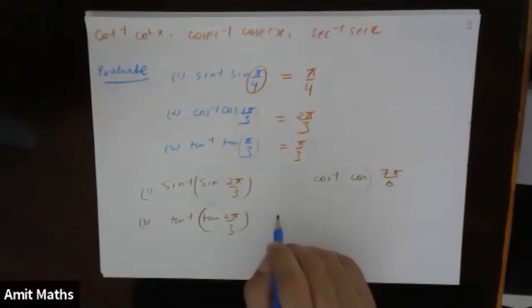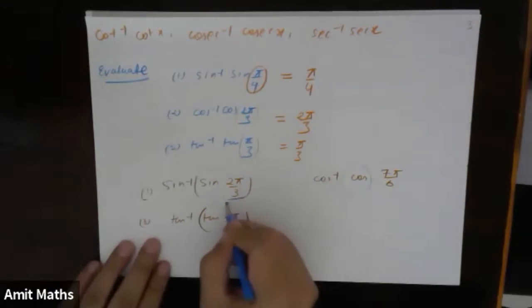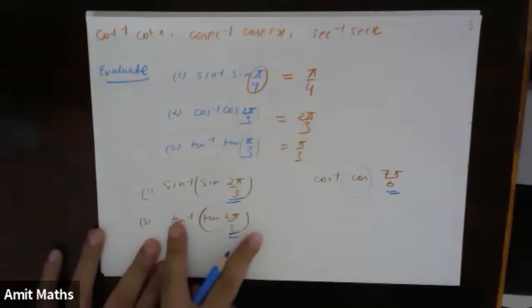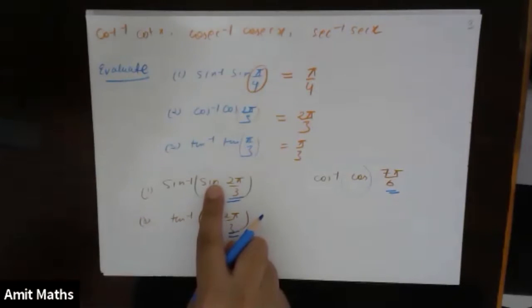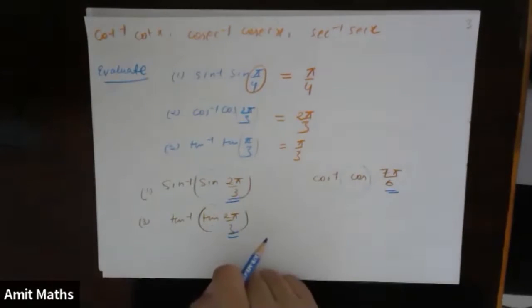Everybody understood? Yes or no? Why my answer would be very simple: if these were principal angles for the concerned question, and sine would still be sine, tan would still be tan, and cos would still be cos.